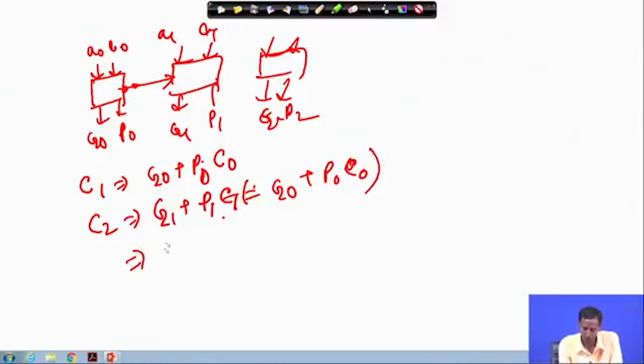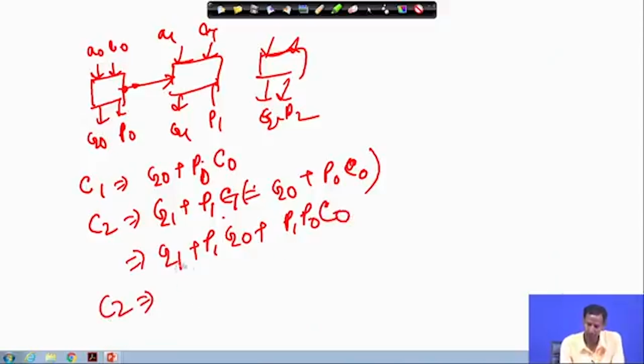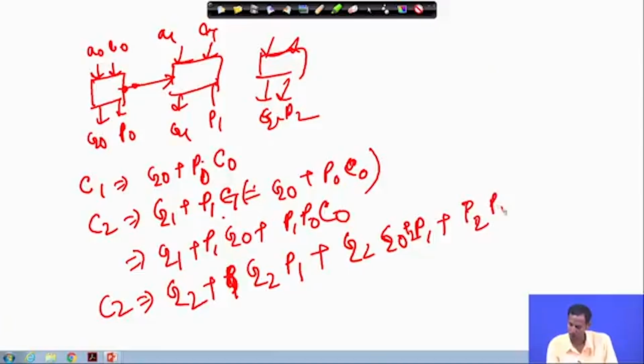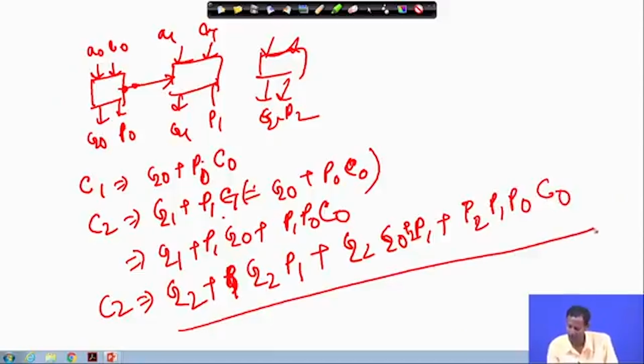So ultimately, it is G1 plus P1 G0 plus P1 P0 C0, and C2 will be G2 plus this one, something like this, and it will continue.